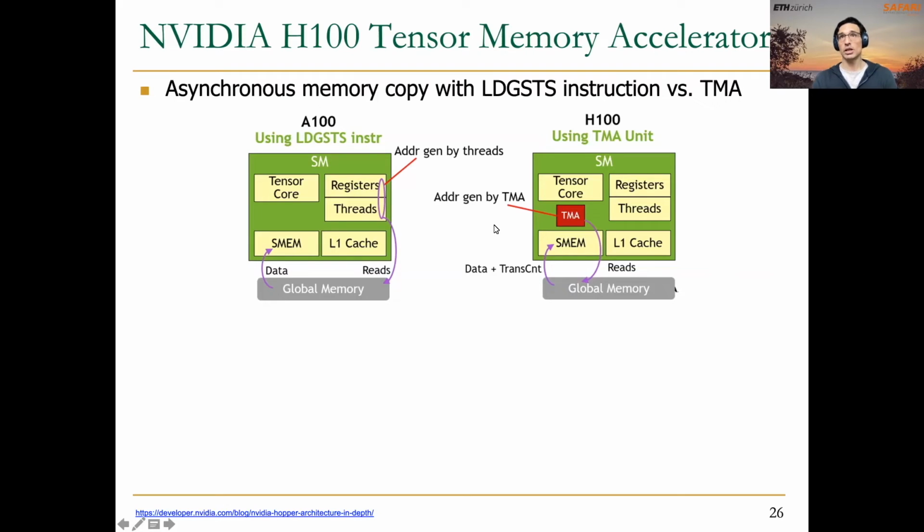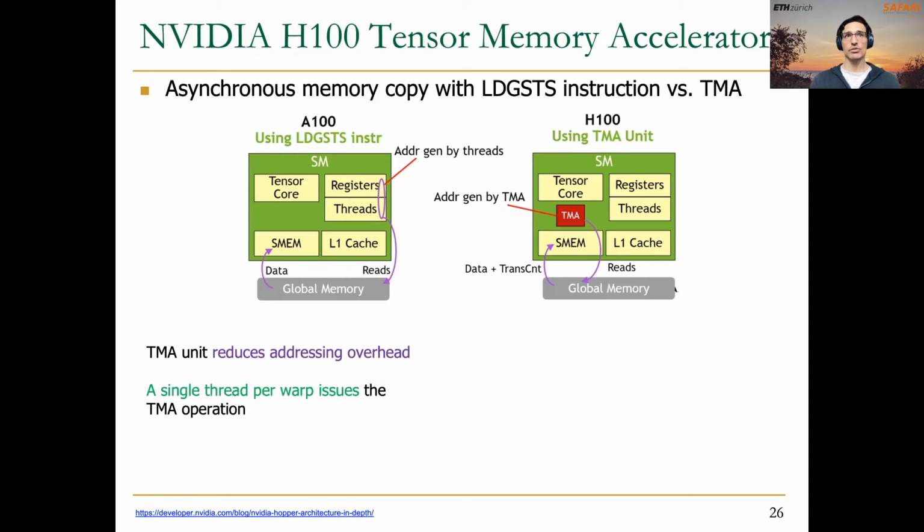This was efficient, but it can be even more efficient if we offload all the computation of the addresses, the address generation, from the conventional cores and the threads to this Tensor Memory Accelerator. So there will be one single thread sending a request to this Tensor Memory Accelerator. This Tensor Memory Accelerator generates the addresses, issues the read to the global memory, and then the transaction happens from the global memory to the shared memory. So the TMA unit reduces the addressing overhead.